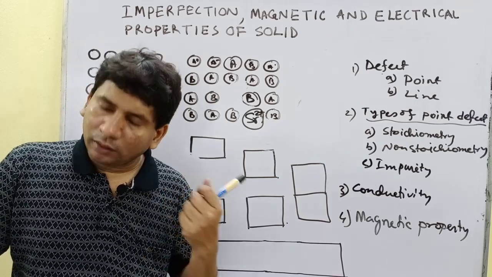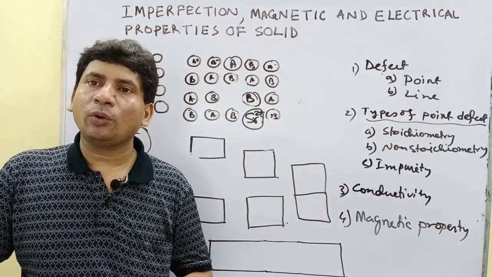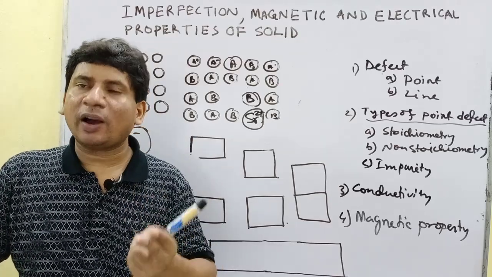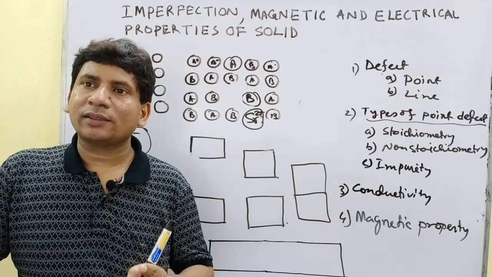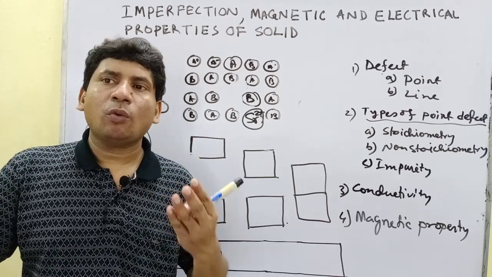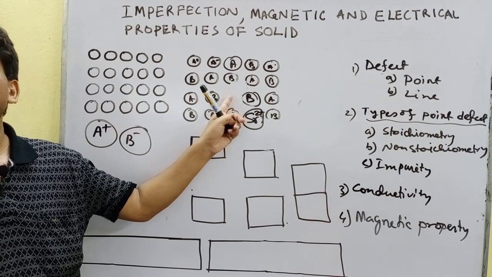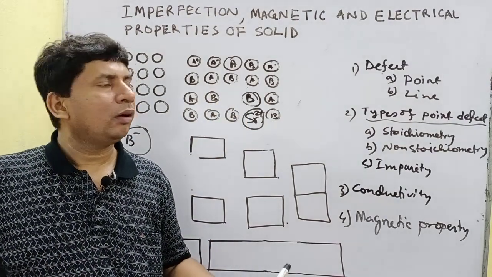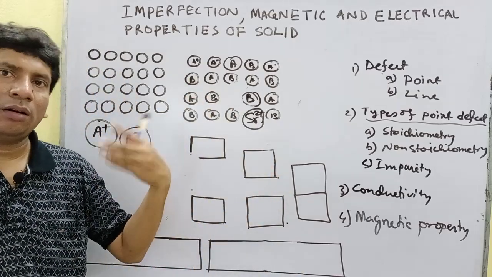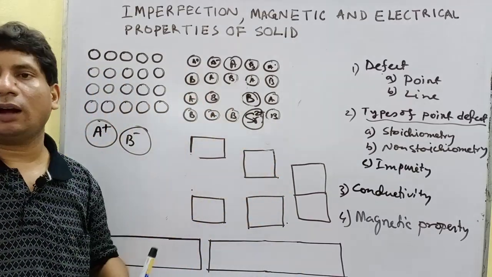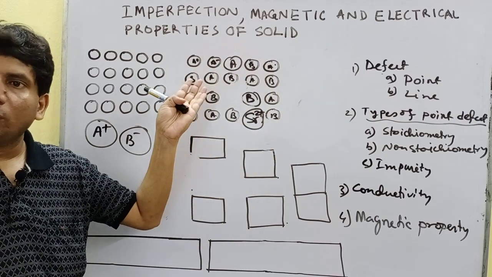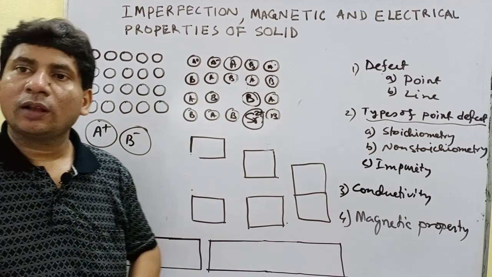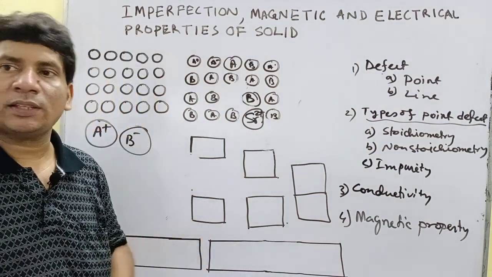When SrCl2 is added to sodium chloride, two Na+ are replaced by one Sr2+ ion, producing one cation vacancy. For this reason, density must change because the weight of the system will change. So for impurity defects, density must change. No problem.